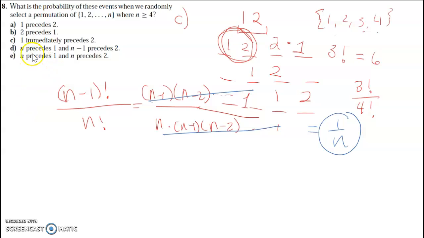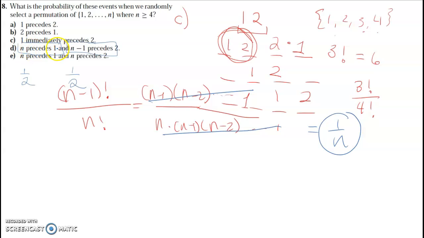Okay, so part D, n precedes 1 and n minus 1 precedes 2. So let's think about this kind of separately. What's the case that n precedes 1? As we've seen from the previous problems as well as part A and B here, this case would be 1/2. The probability of n preceding 1 is 1/2. And what about this? The probability of n minus 1, whatever that number is, preceding 2 is another 1/2.